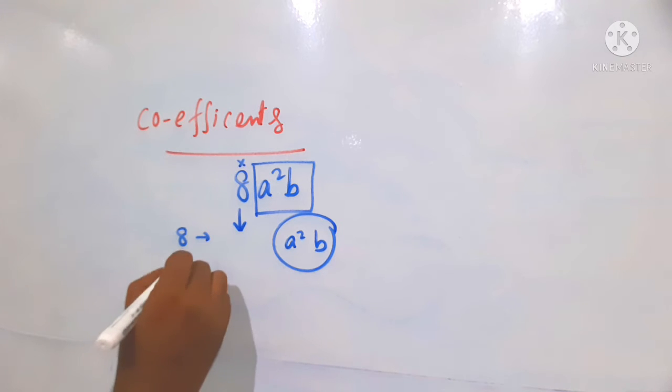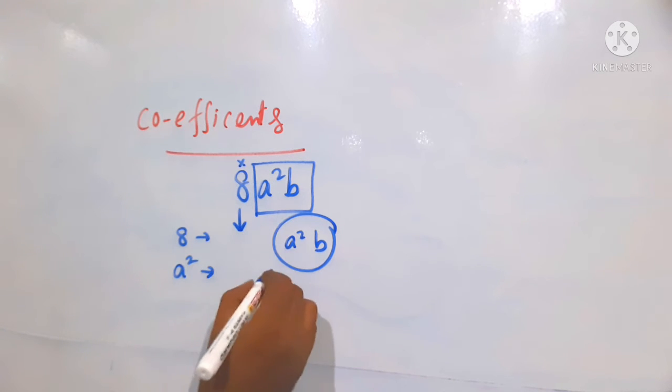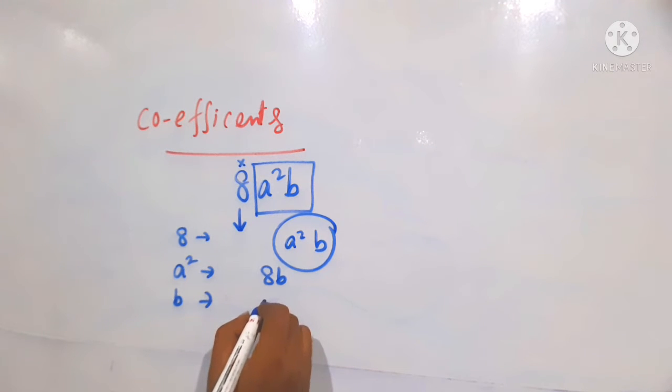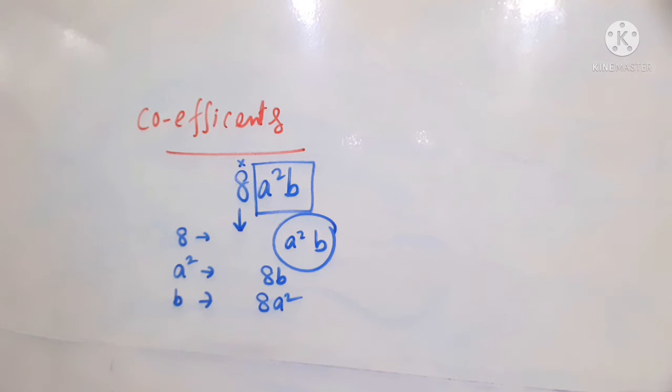If we write a square here, then 8b should be the coefficient of a square. If we write b here, then what will be the coefficient? Eight a square. Very good.